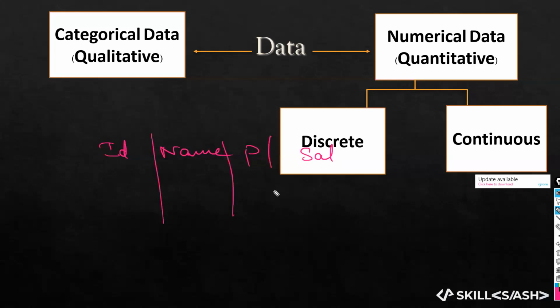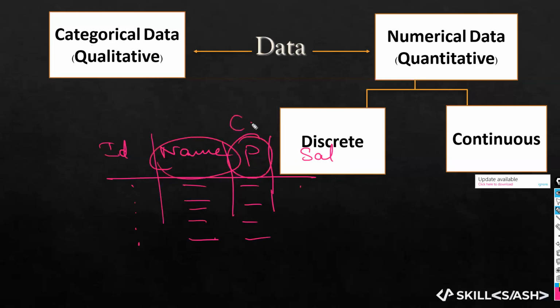Consider this is some dummy data. So in this, ID 12345, however it is, name and place of a person, salary. Which is numerical data, which is categorical data? Name and place are categorical data.